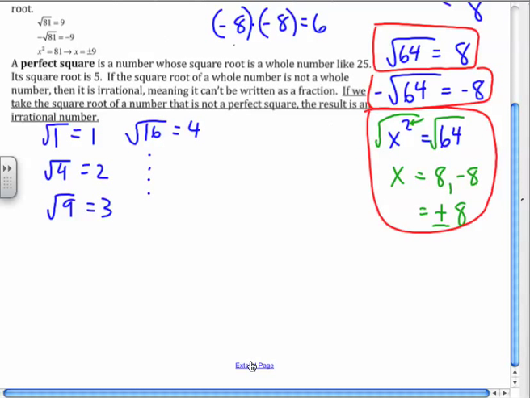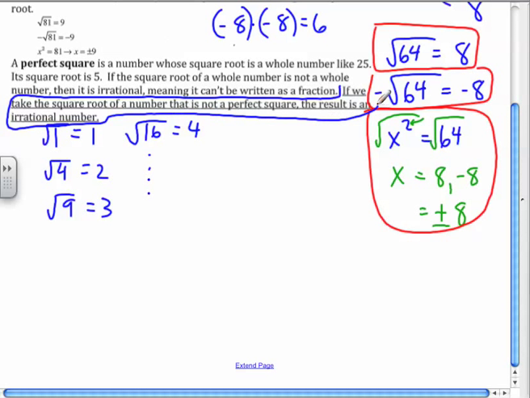Now, there's one other thing that you've got to know from this, and I'm going to box it in up here in the notes. If we take the square root of a number that's not a perfect square, the result is an irrational number. Cortez, what is an irrational number?